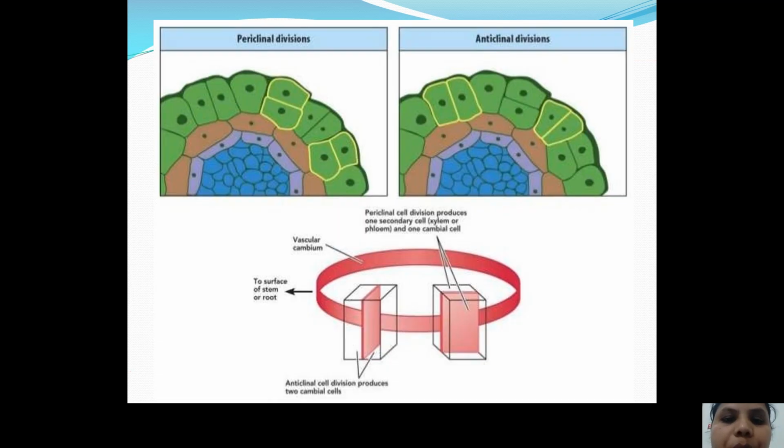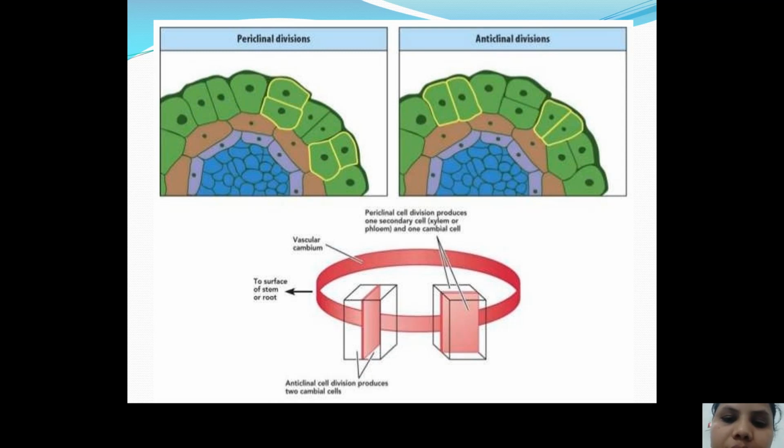Take a look at the periclinal and the anticlinal divisions. Here you can clearly see the periclinal divisions, which are occurring in a parallel way to the surface, and the anticlinal divisions are occurring in a perpendicular way.